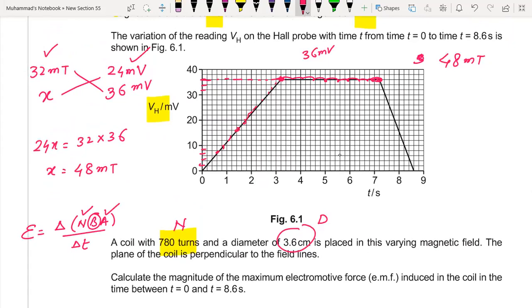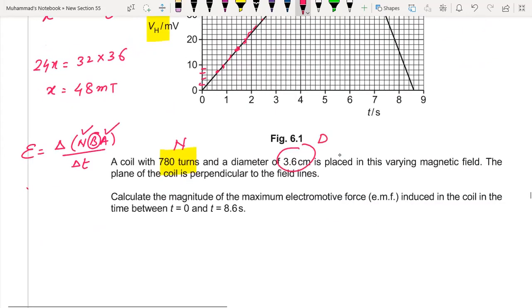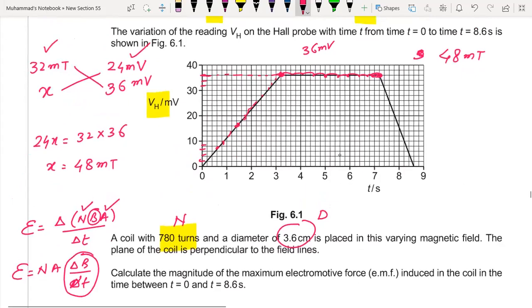So this means that the magnetic field that produces the Hall voltage is changing. So we have to find the maximum induced EMF, which corresponds to N same, A same, delta B over delta t. That is the gradient. Maximum gradient will correspond to the maximum induced EMF.